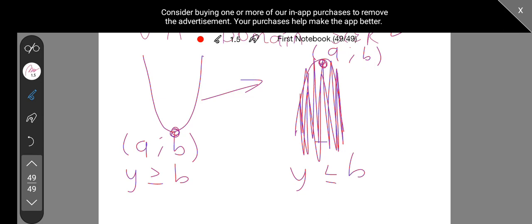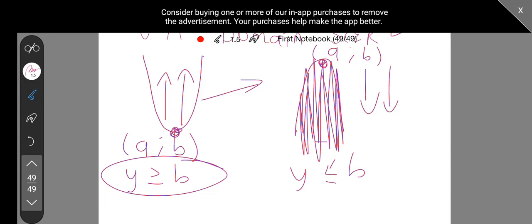The sign of less than means going down. Unlike in the first case, where the values of y are possible starting from B going up, hence we say greater than, here they start from B going down. This means that our range is y is less or equal to B.